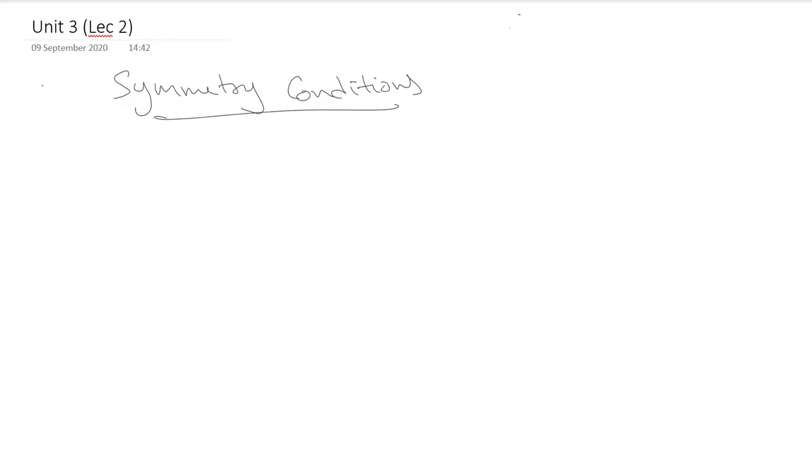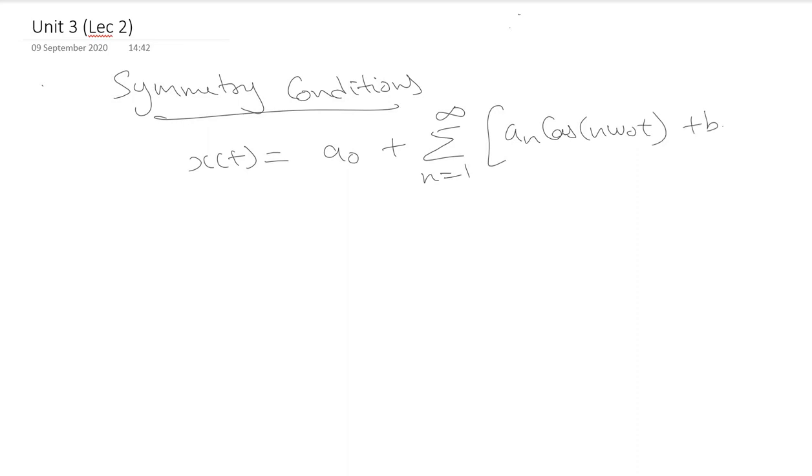Okay, so we've seen that in the trigonometric Fourier series expression, there are three terms: a constant term and two sinusoidal terms, a cosine term and a sine term. This is one of the Fourier series coefficients. An and Bn are the other Fourier series coefficients.